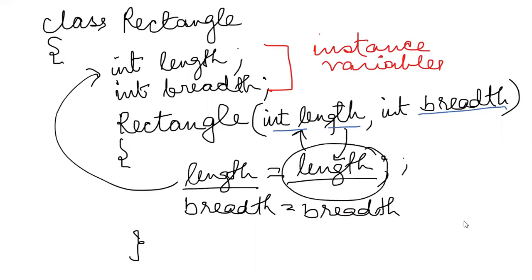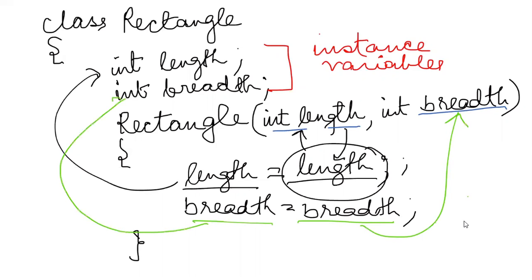So in this case also, how does the compiler understand that this breadth represents the parameter, and this breadth indicates the instance variable? So there is no way of knowing this.